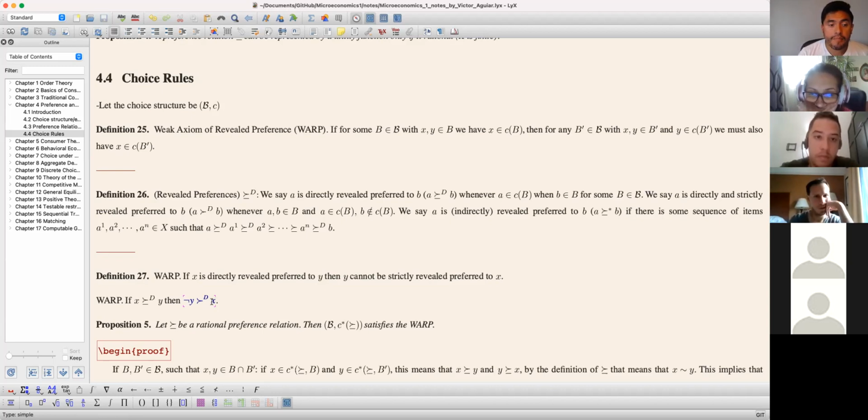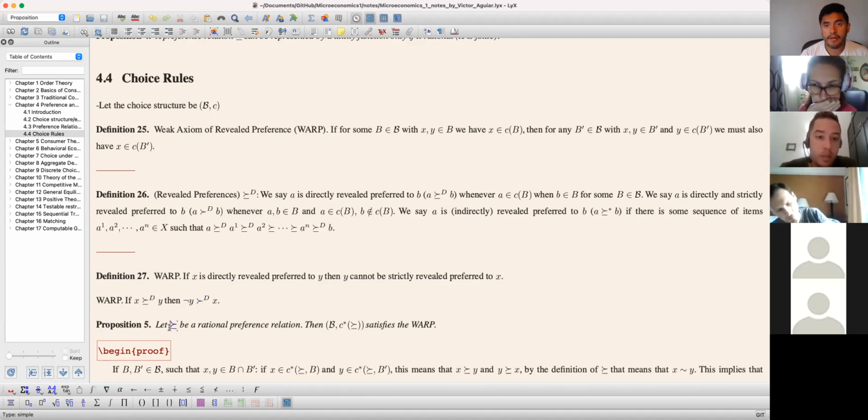And now I can prove the following result that is great, amazing, because this is connecting for the first time a model of utility maximization to an empirical content, something I can actually check in data. I can run an experiment and check the weak axiom, and I can do a scientific inference from it.